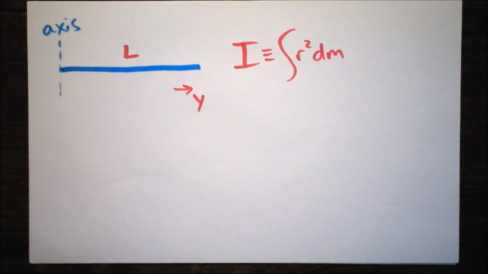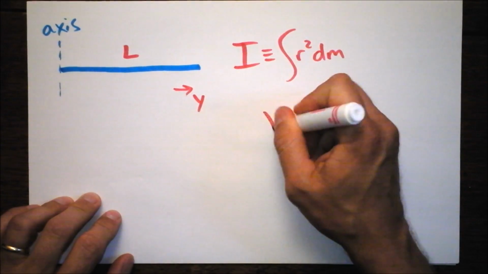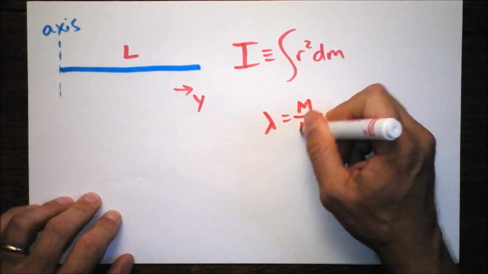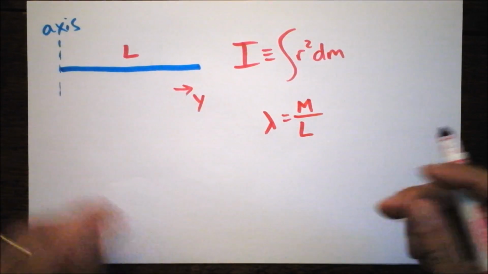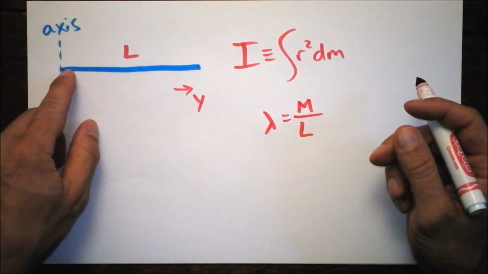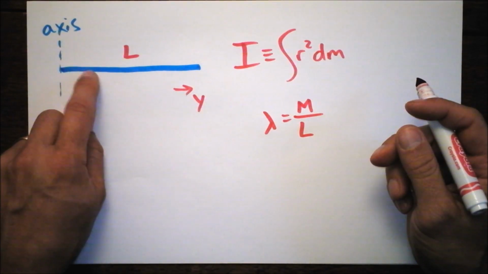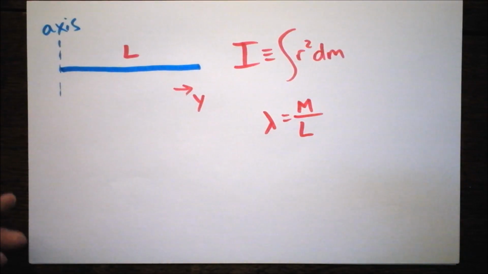Okay, so linear density. Linear density is the total mass divided by the unit length. So in this case, dm, as we take an additional slice, any slice of this length right here will be the linear density times how much of a slice we've taken.